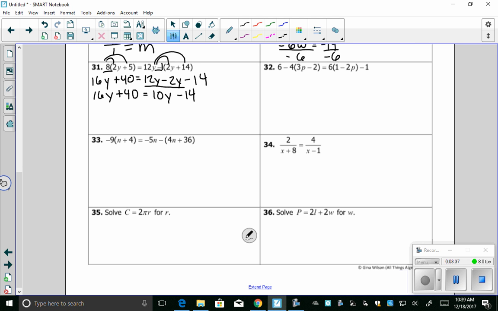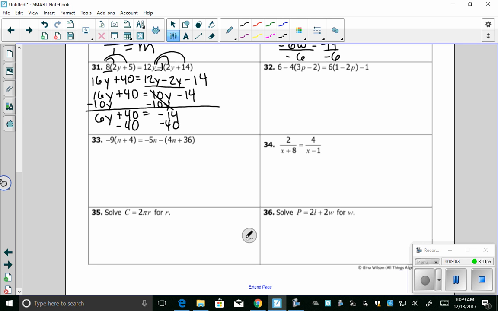Now, the next step is to get your y's on the same side. I'm going to subtract 10y from here. That way my y's stay positive. I don't have to do another step at the end if I always keep my y's or my variables positive. So 16 minus 10 is going to give me 6y plus 40 equals, those cancel out, negative 14.